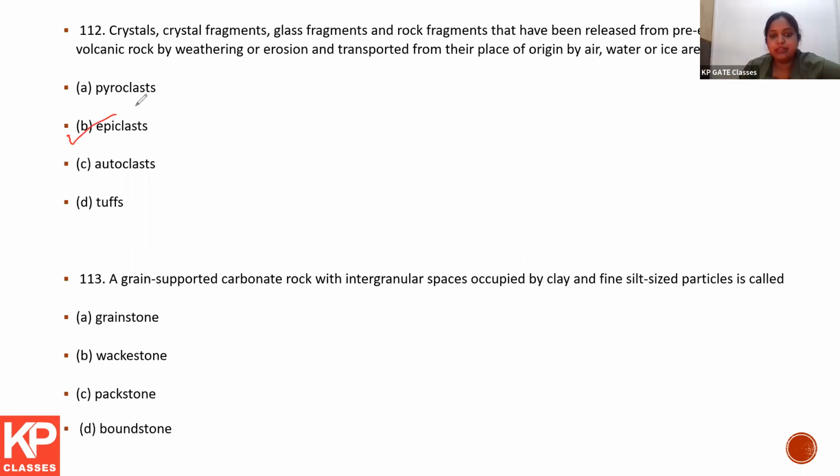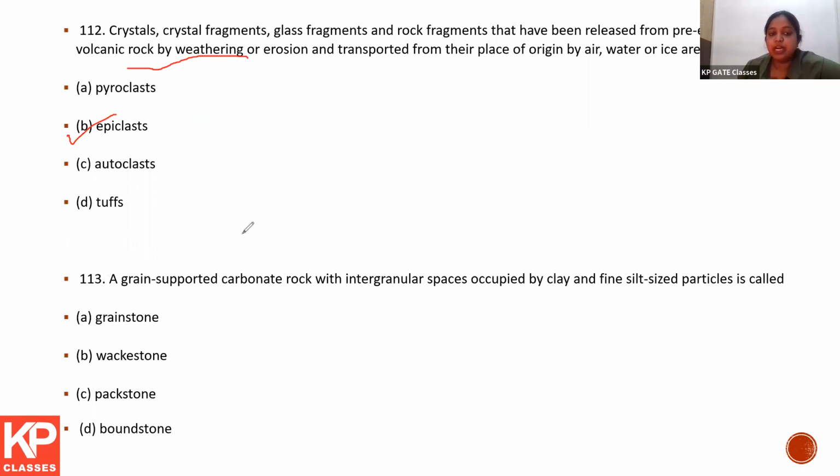So the definition of epiclast itself is that pre-existing volcanic rock sediments are transported, eroded, and weathered from a pre-existing volcanic rock, and they are redeposited at a different place. So those fragments are called epiclast.